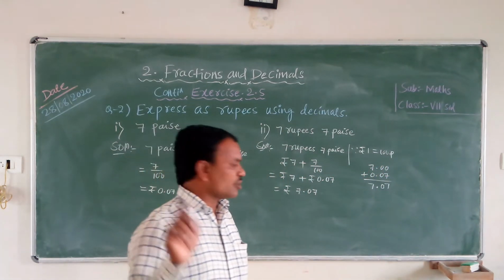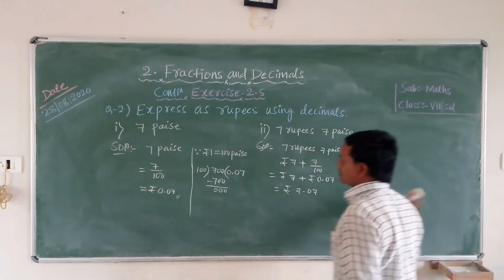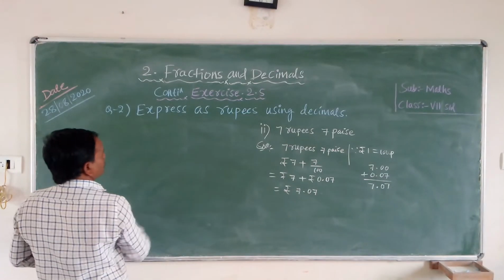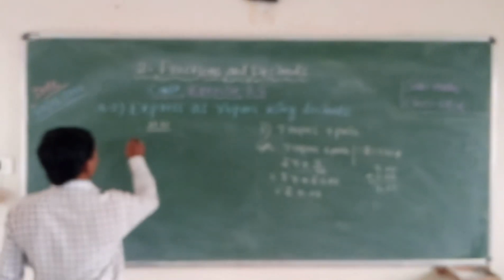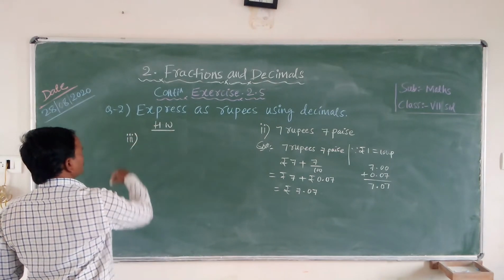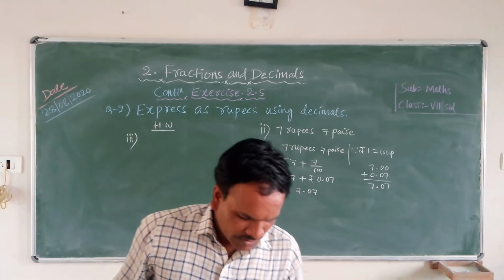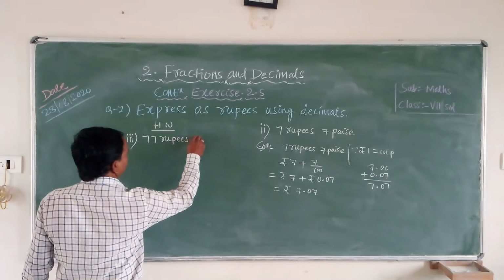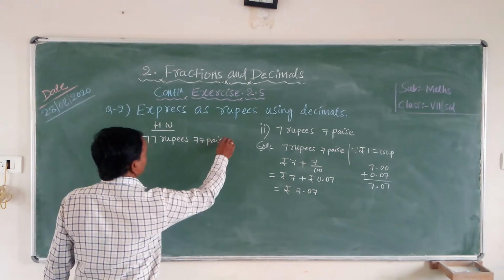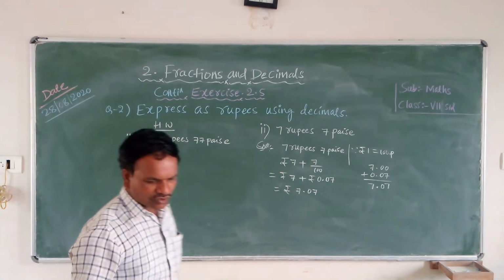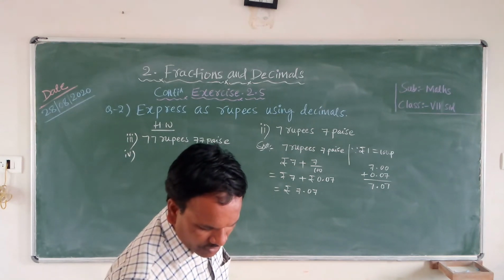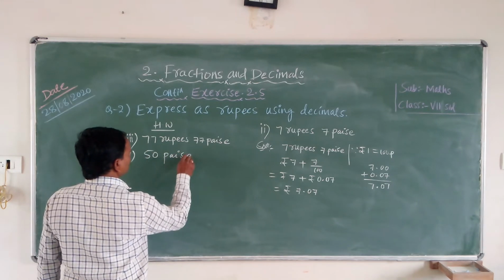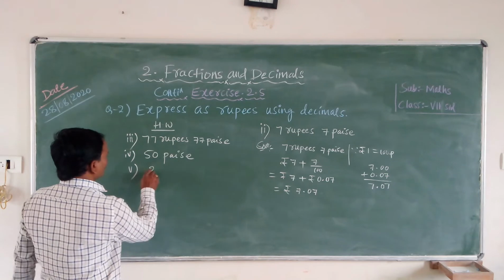The remaining ones you have to do as homework. I have explained two; now the homework: the third one, the fourth one 50 paise, and the fifth one 235 paise.